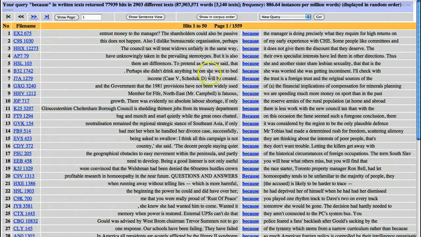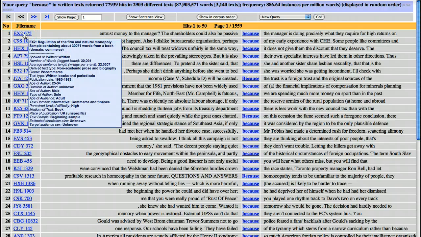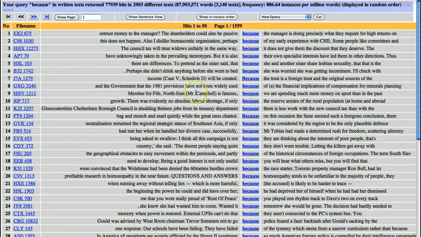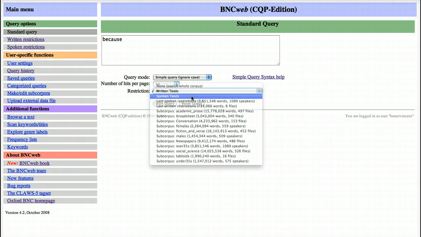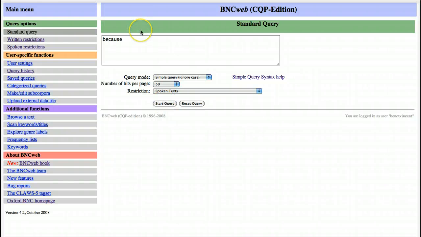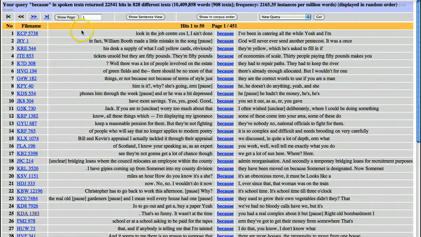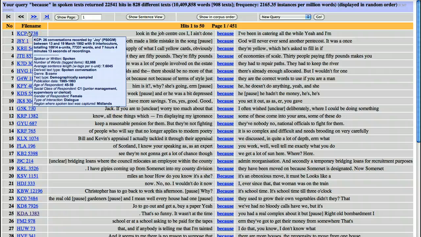And when we get the results page up, we also get the file names, and hovering over any of the file names, you'll be able to see the metadata for that particular text. So this gives us a lot of the information we saw on the restrictions page. And if we do the same thing for spoken, we'll find the same thing, although the information, of course, for spoken text is slightly different.